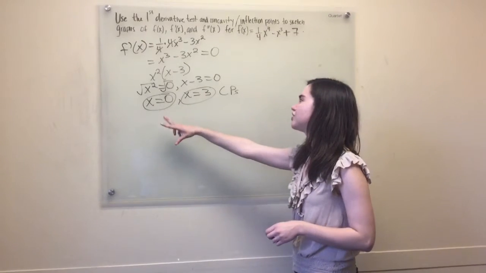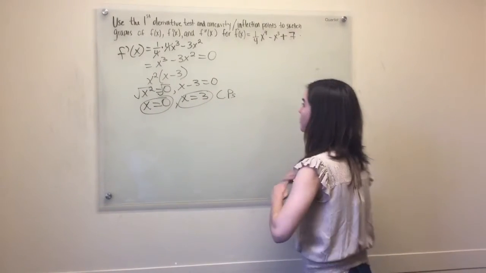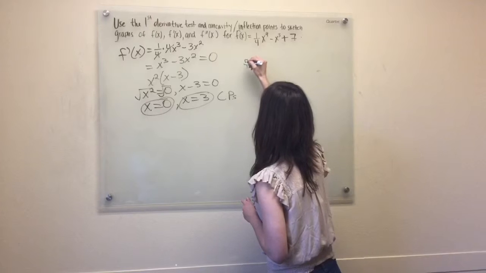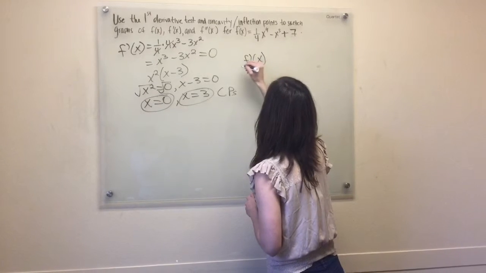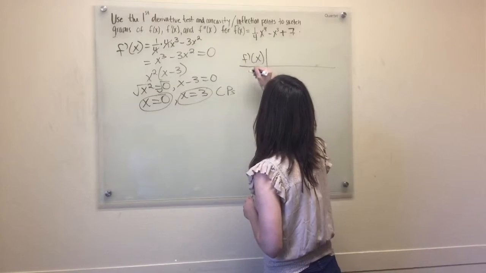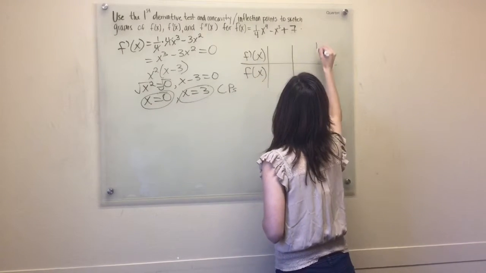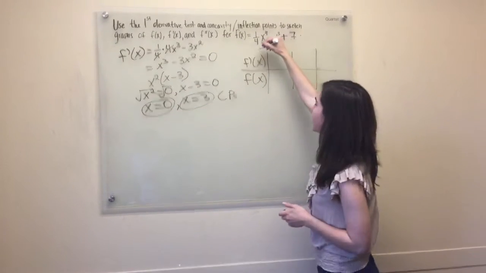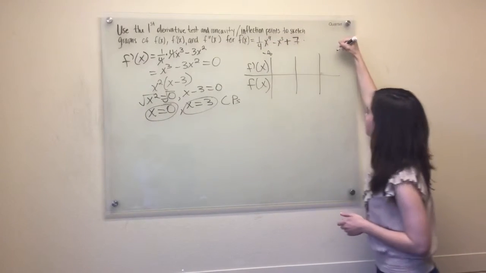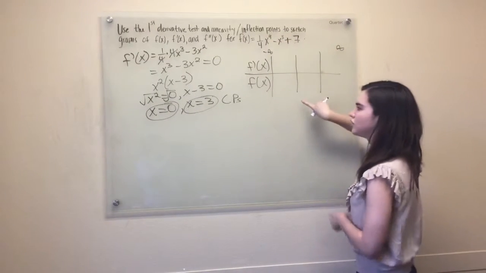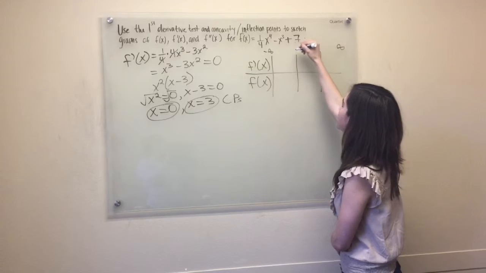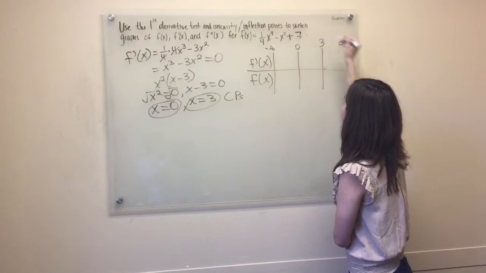So now that we found our critical points, we put them in an f'(x) chart. On this side we put negative infinity, and on this side we put infinity. On these two lines we put our critical points, which were 0 and 3.